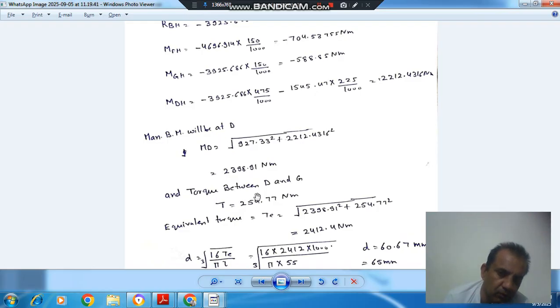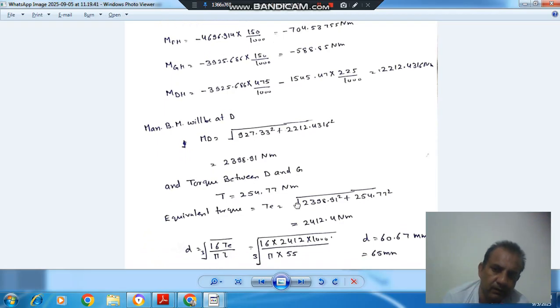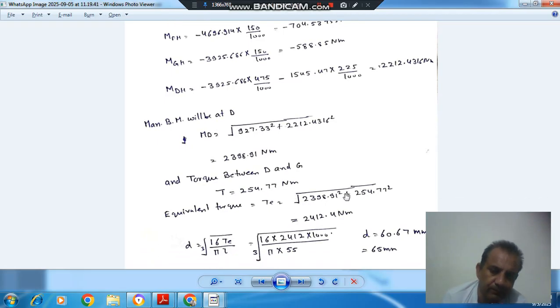The maximum torque between D and G is just 254.77 Newton meter. From this we can find out the equivalent torque, that is the square root of M squared plus T squared, which will come out as 2414.4 Newton meter. And from the torsion equation, we can find out the diameter of the shaft, that is cube root of 16T by pi tau.